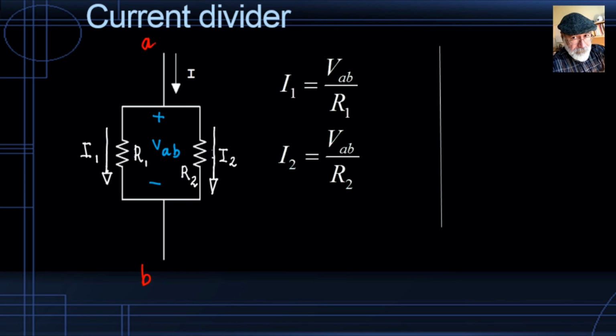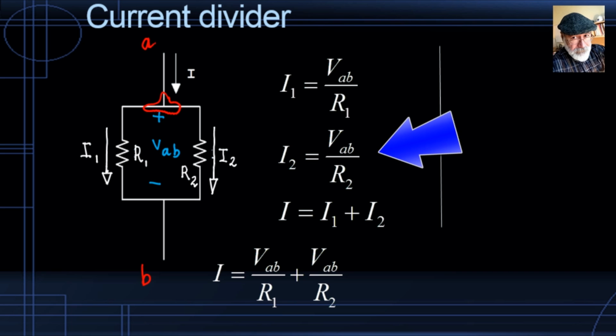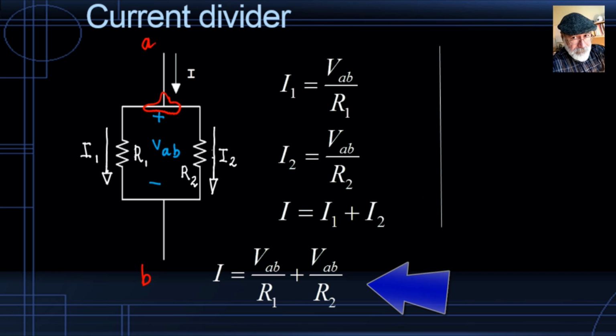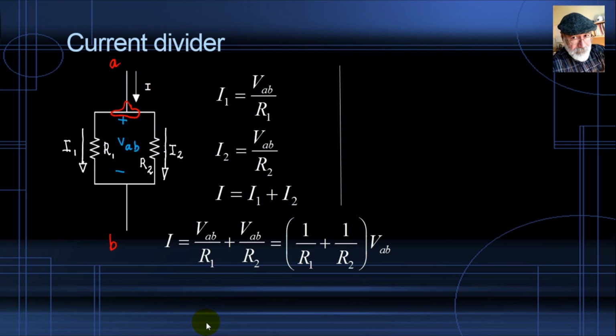You can apply KCL to this little Gauss surface and say the total current is the sum of I1 plus I2. Definitely. Substitute the expressions for I1 and I2 and look what you get. Factor out VAB. And now we have an expression of the total current as a function of VAB.